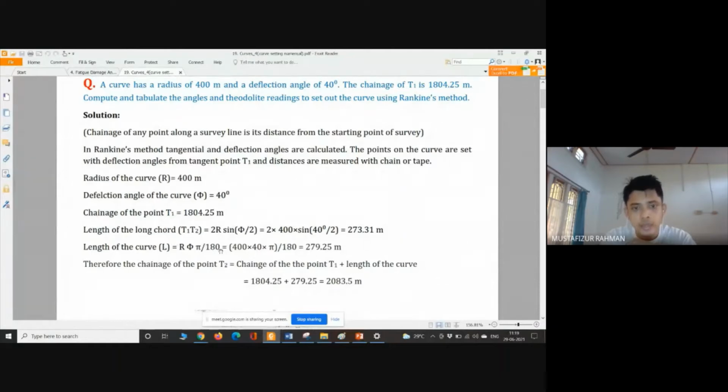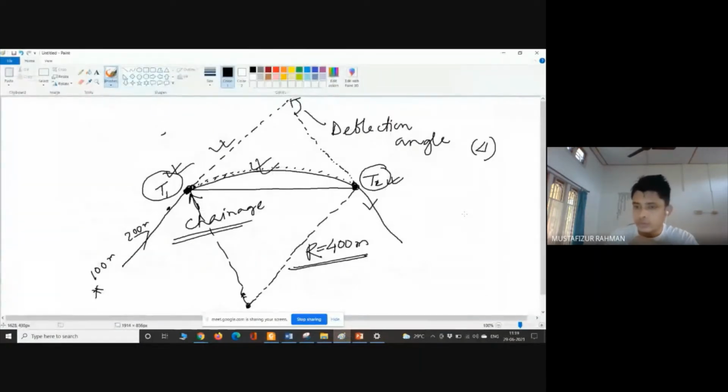Then length of the curve. Then again, here again, we have formula. This formula is the basic formula of finding out the length of arc of a circle from the radius of the circle. So this formula is nothing but this one.